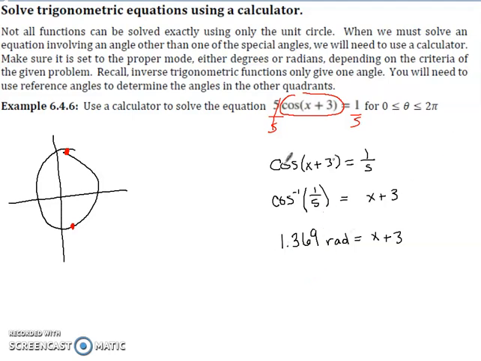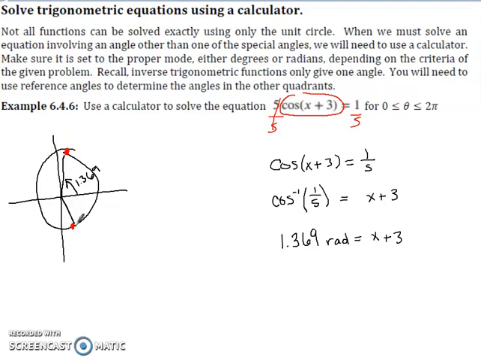1.369 radians. So if we're talking about positive radians, my angle here, theta, is 1.369 radians. But it could also be rotated in the negative direction to still give you a positive cosine value. My calculator didn't give me that option, but I need to make sure that I am finding both answers in the interval that inverse cosine is defined for, and that is negative pi over 2 to pi over 2.